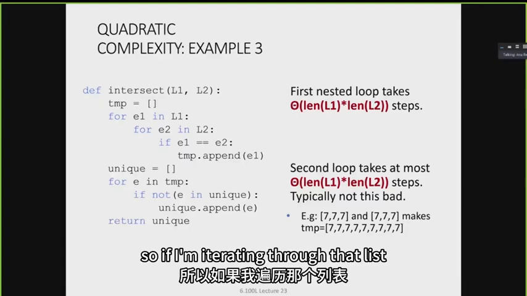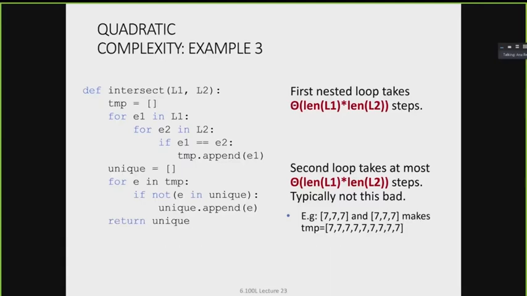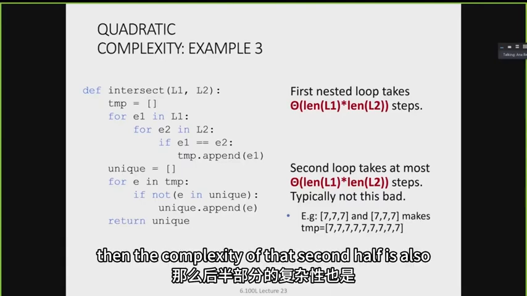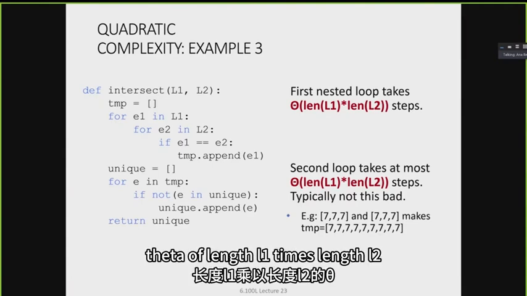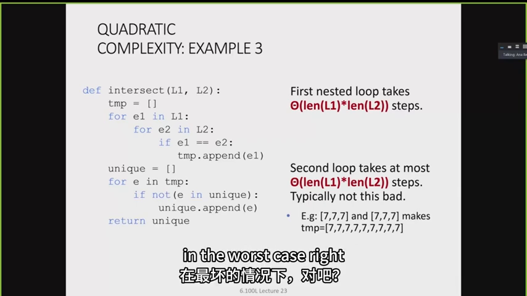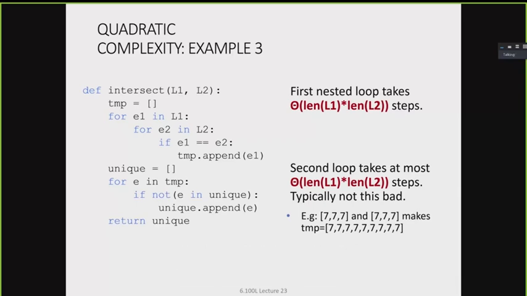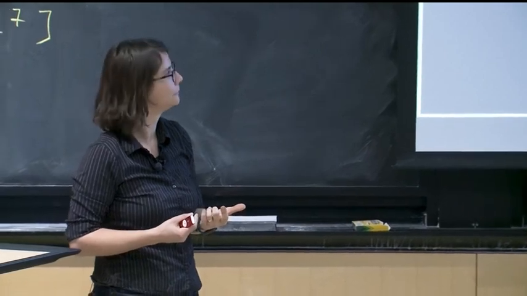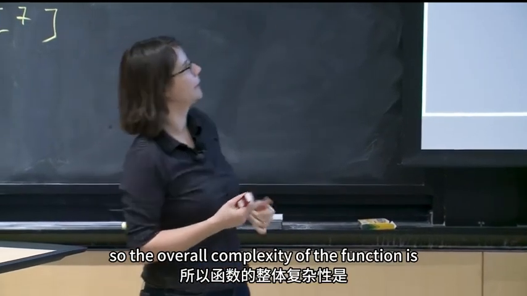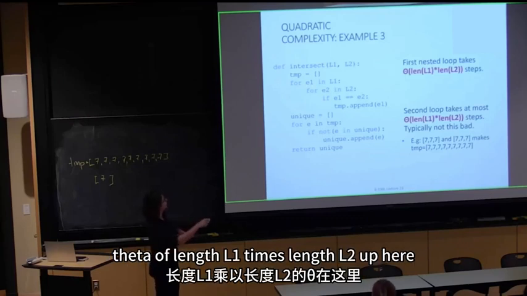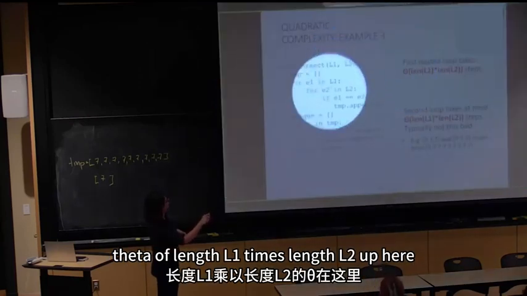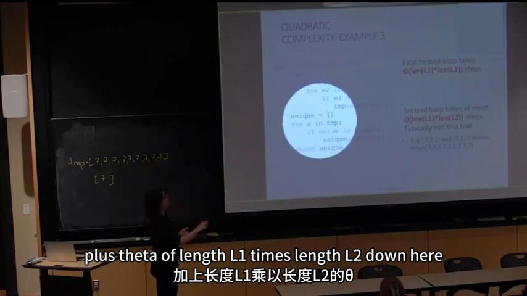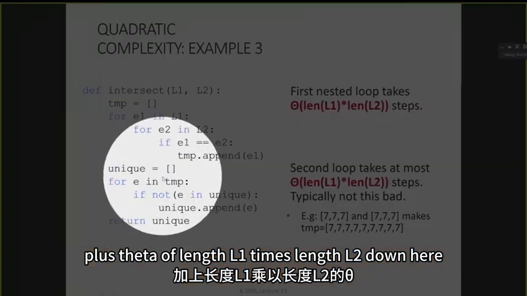If I'm iterating through that list, then the complexity of that second half is also theta of length L1 times length L2 in the worst case. So the overall complexity of the function is theta of length L1 times length L2 up here, plus theta of length L1 times length L2 down here.